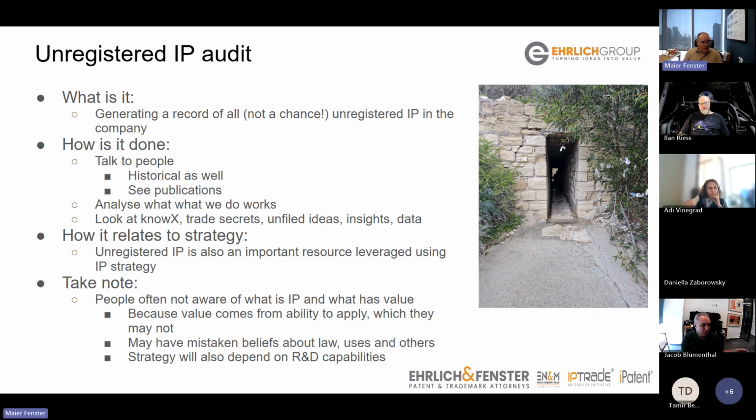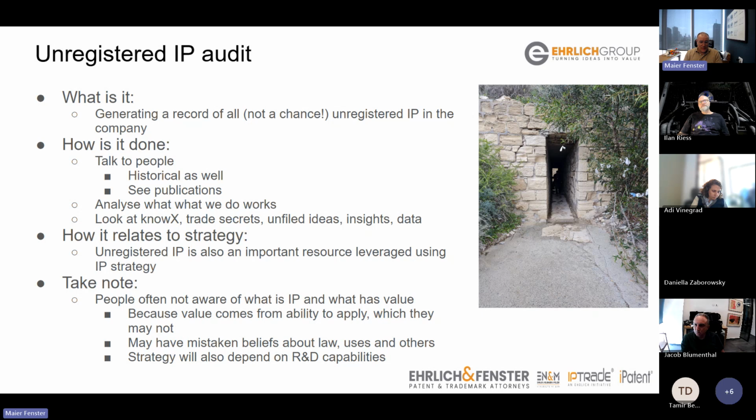And what does this have to do with IP strategy? Again, unregistered IP is also a resource that you leverage using IP strategy. Now, why is it so difficult to do? Because a lot of people are not aware that they have this unregistered IP. And if they are aware, they're not aware that it has value.